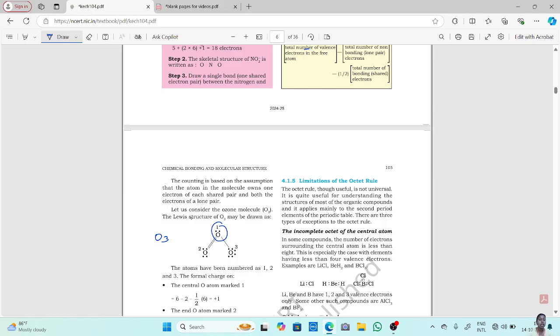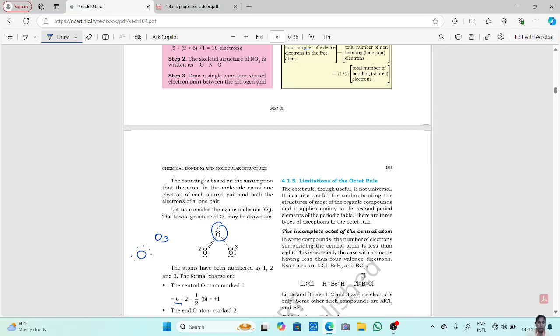How many valence electrons does oxygen have? Oxygen has 6 valence electrons. This is a single free atom, so when the atom is present singly in a free form, it has 6 valence electrons, minus the total number of non-bonding, lone pair electrons.